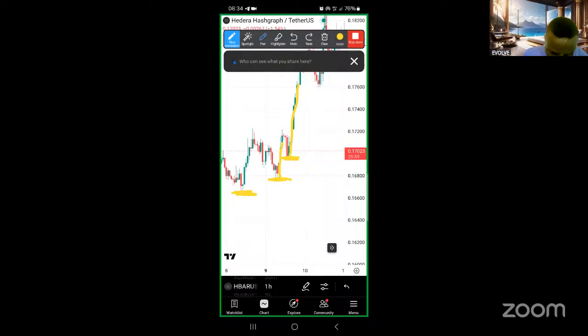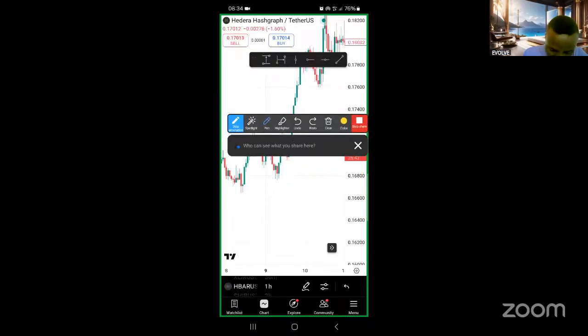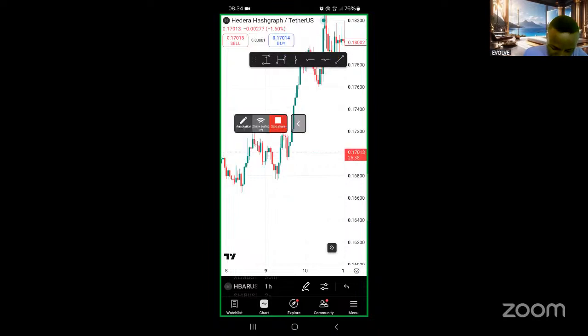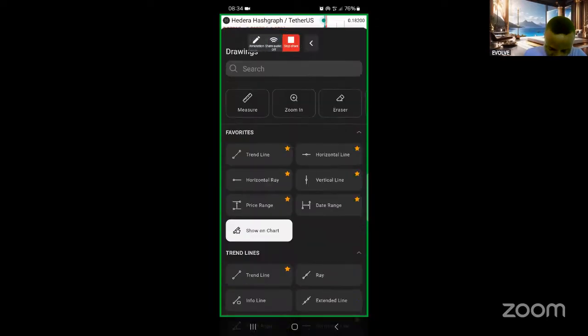Even here, we shall start from the bodies of the candle, not the wick. Going up. So I'm looking for points. I'm going to tap on my line, this one. Or you can tap down here and get it.